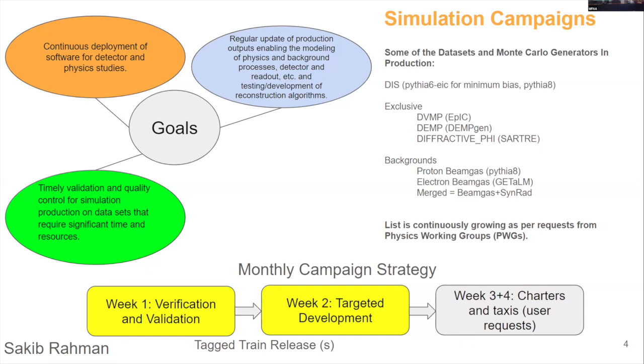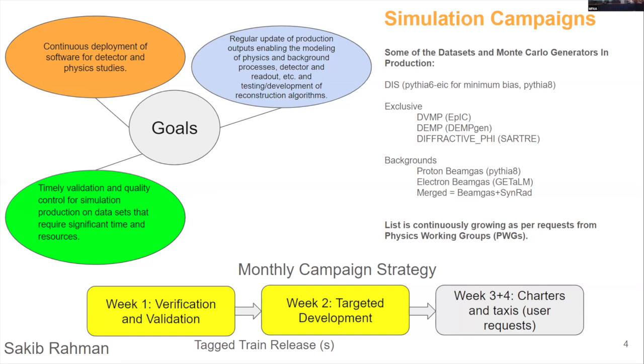And we also want to be able to validate and quality control the simulation production on data sets that really require significant time and resources, which we don't have in other places where we can run these simulation campaigns.